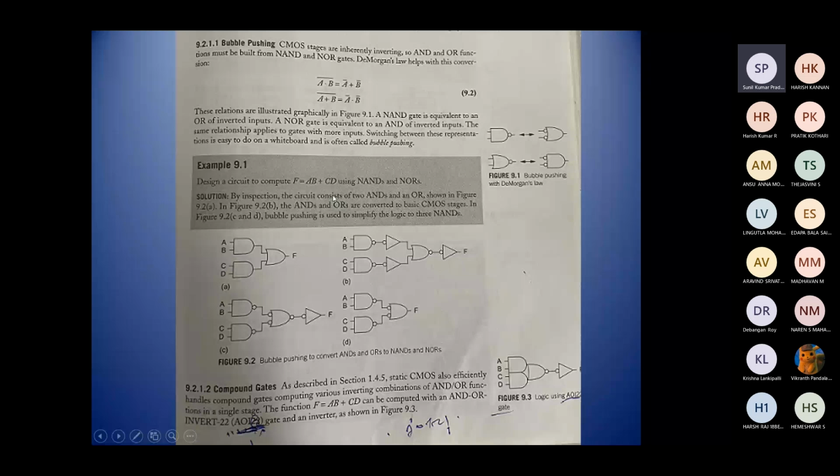So this AOI, sometimes we call it AND-OR-invert. Okay, that is called AOI. And 22 is given as the abbreviation here. So this is shown in this figure. You can see the output is nothing but the same AB plus CD.